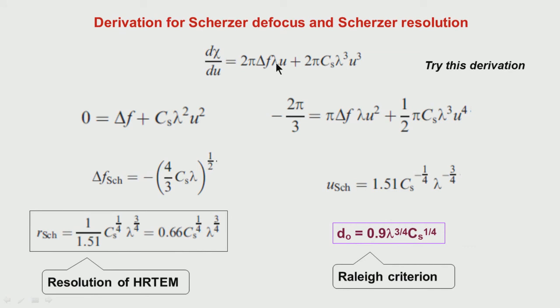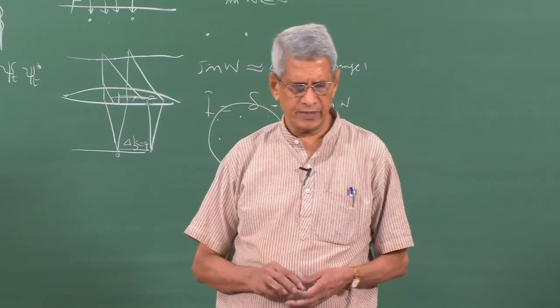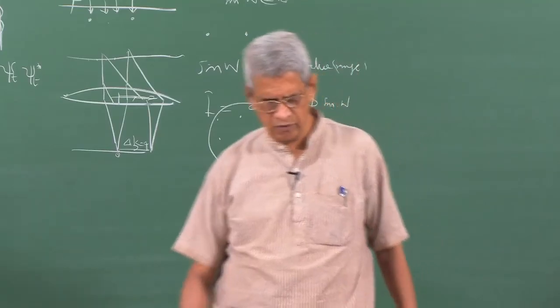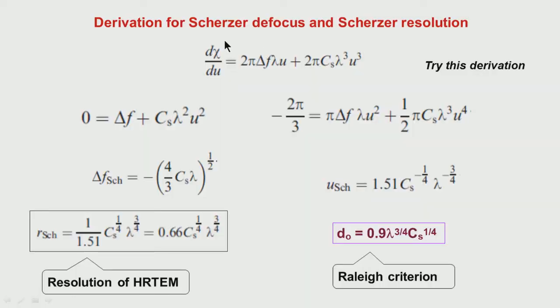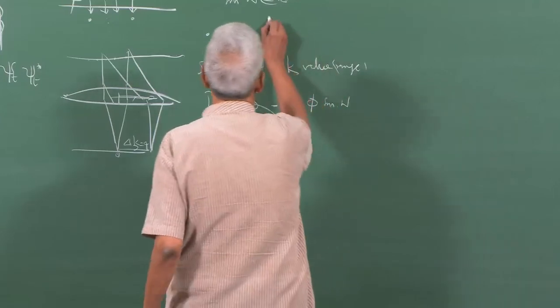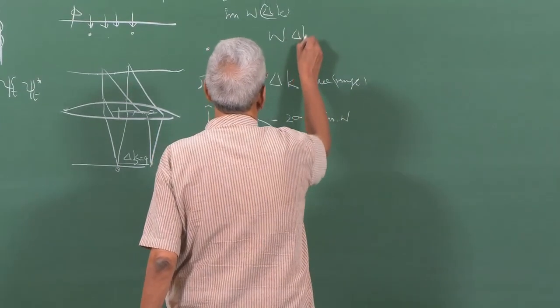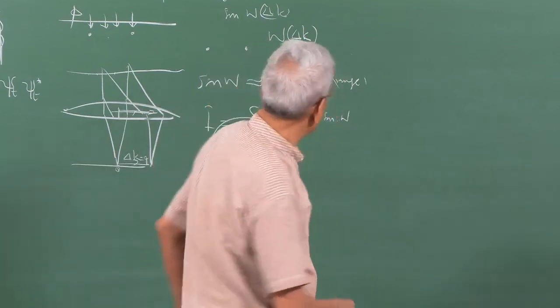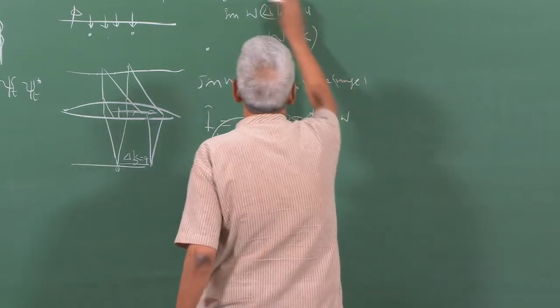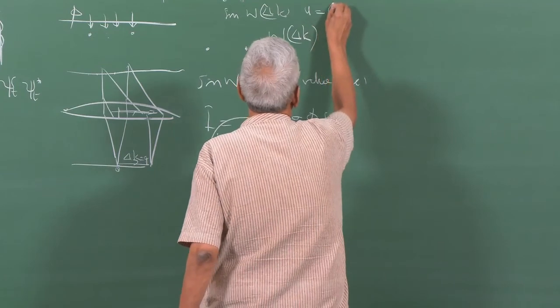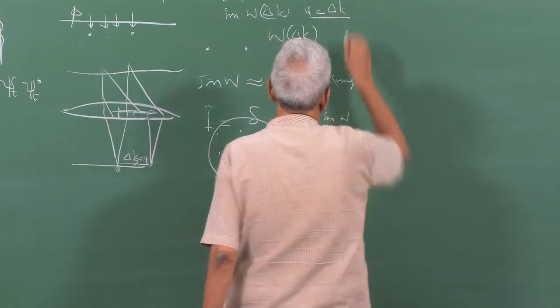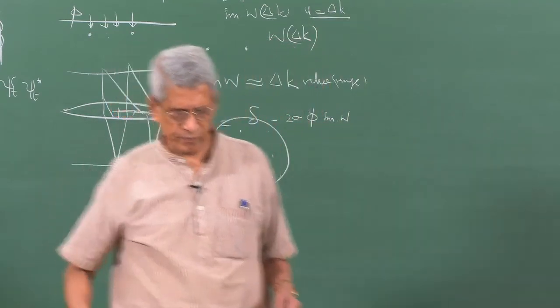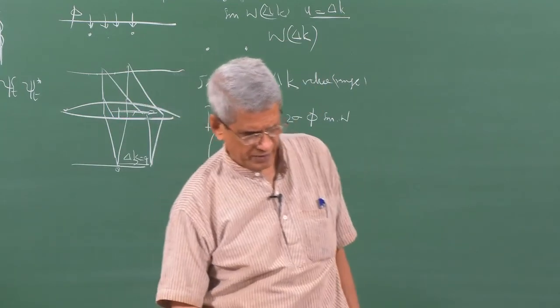How to find out this optimum value for the Scherzer defocus? What we can do is that, here what is written as chi, which so far what we have done is essentially W of delta k, and the u is nothing but equals delta k. Then you will understand that these two expressions are the same.